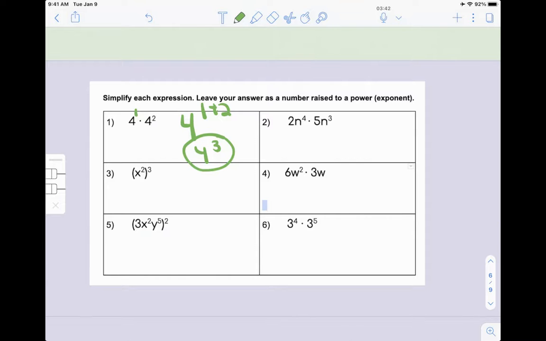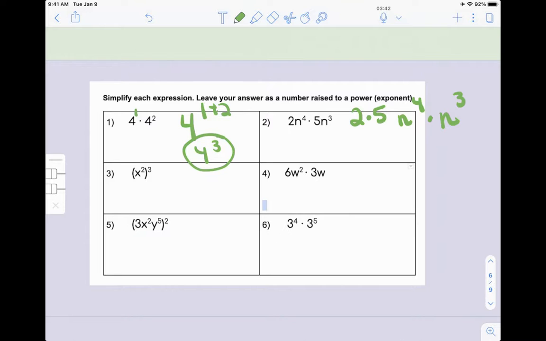We'll take a look at our second example, and we have 2n to the 4th power times 5n cubed. Remember, when you're multiplying, order doesn't matter. So I'm going to rearrange my numbers and write those numbers next to each other, and I'm going to rearrange the order of variables as well.